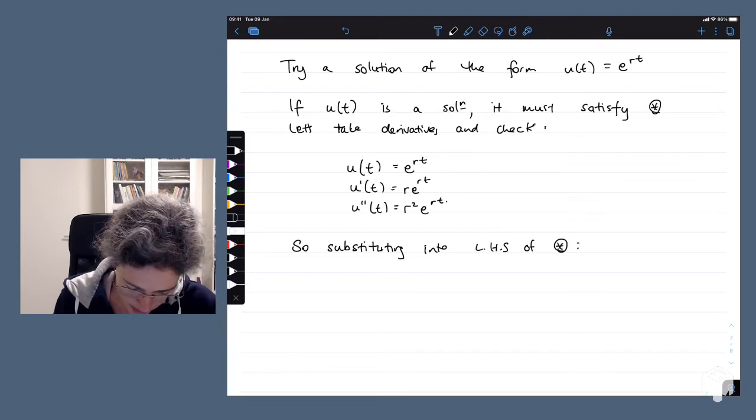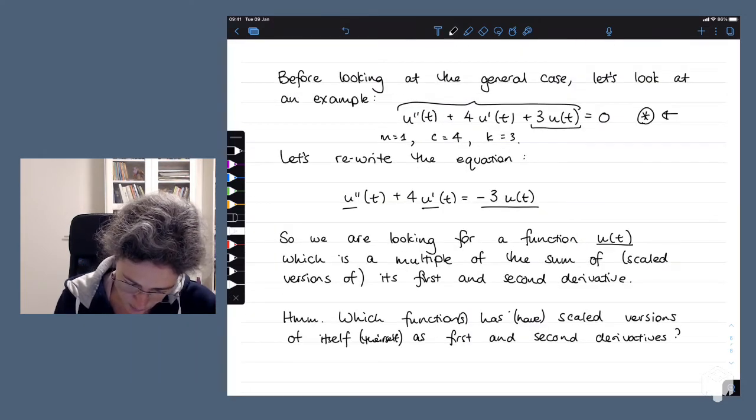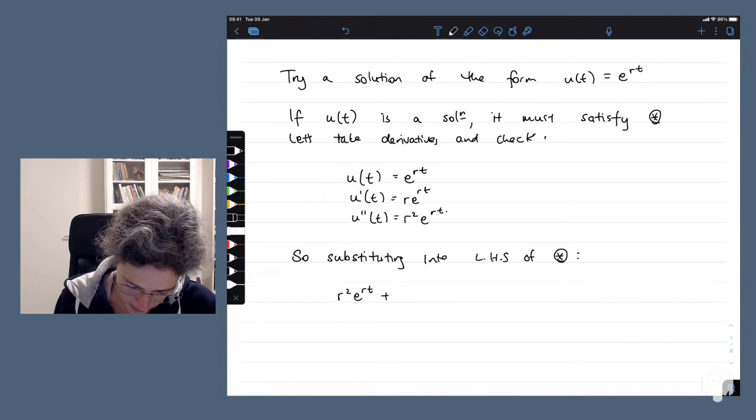Well, we're going to get our u double dash, so that's r squared e to the rt, plus c times our u prime, and our c here was 4. So we've got plus 4r e to the rt, plus finally 3 e to the rt for our u term.